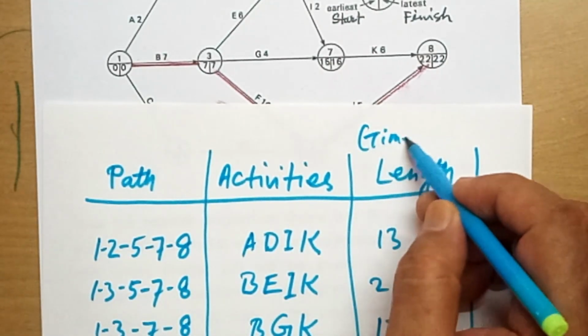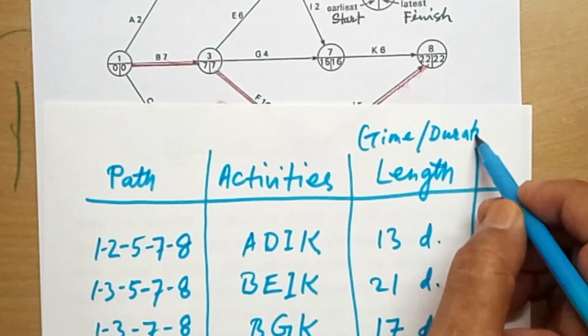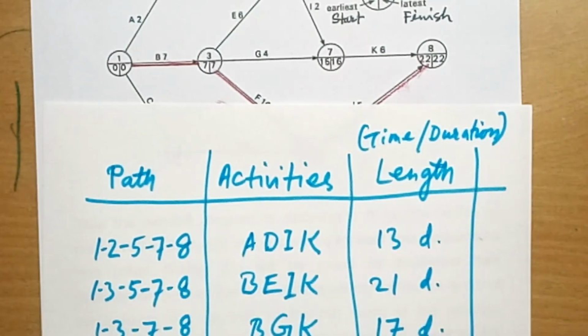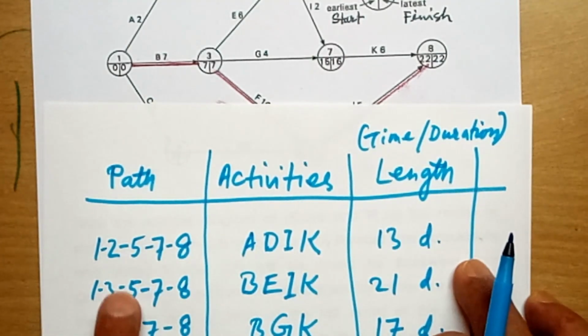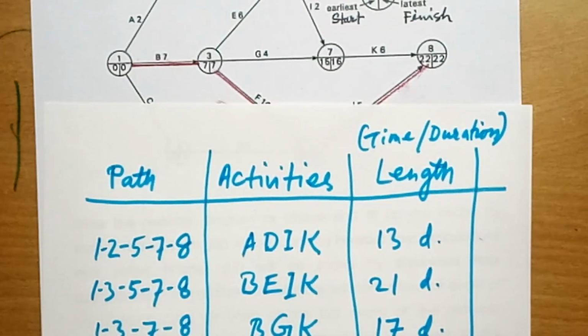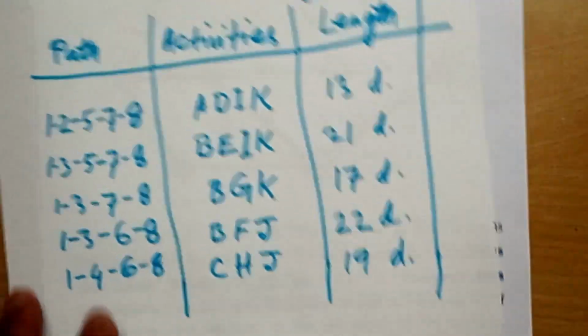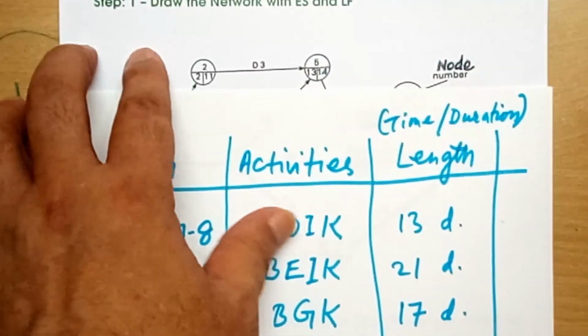So the time, duration or length of each of the paths: the first one 13 days, 21 days, 17 days, 22 days, 19 days. So obviously now you can identify the critical path. You know exactly which one is the critical path.